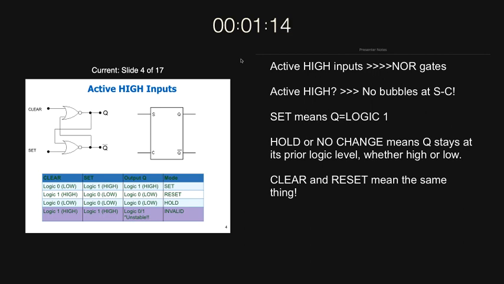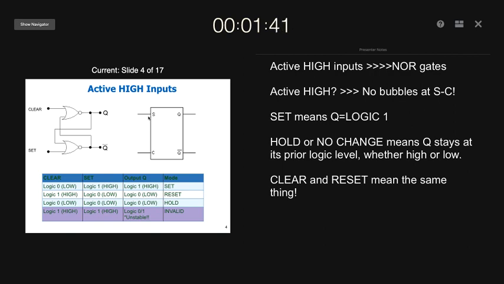This is the circuit on the left. If we use cross-connected NOR gates, then we have active high inputs. This is the actual circuit internally, and this is the standard schematic symbol. Either one of these is valid, they're both equivalent.